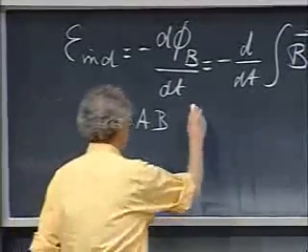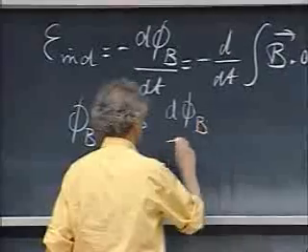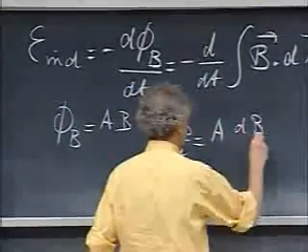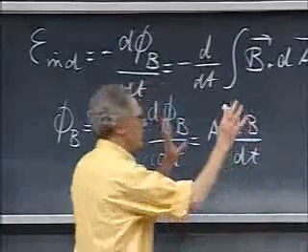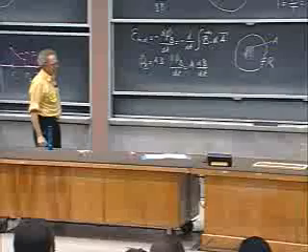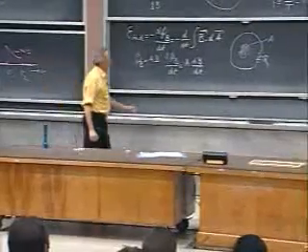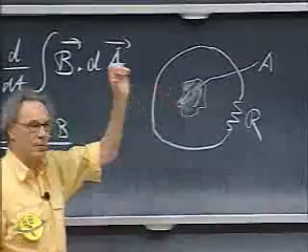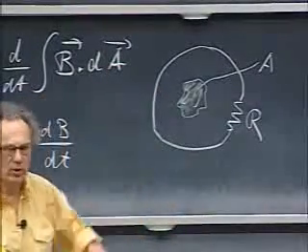And so d phi/dt is then A times dB/dt. Remember, we were going to keep the geometry constant. It's a stationary system, but we're going to change the magnetic field. So this magnetic field is changing. Perhaps it's coming out of the blackboard now, and maybe it's increasing.